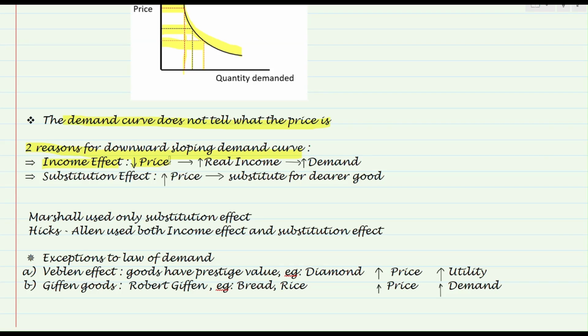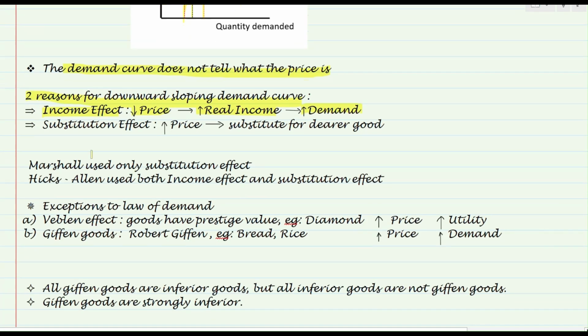So you have 4 bucks left with you now, because earlier it was 10 bucks, now you are paying only 6 bucks. Those 4 bucks are your increase in real income, and when your real income increases you have more money, so you will demand more, you will buy more automatically.